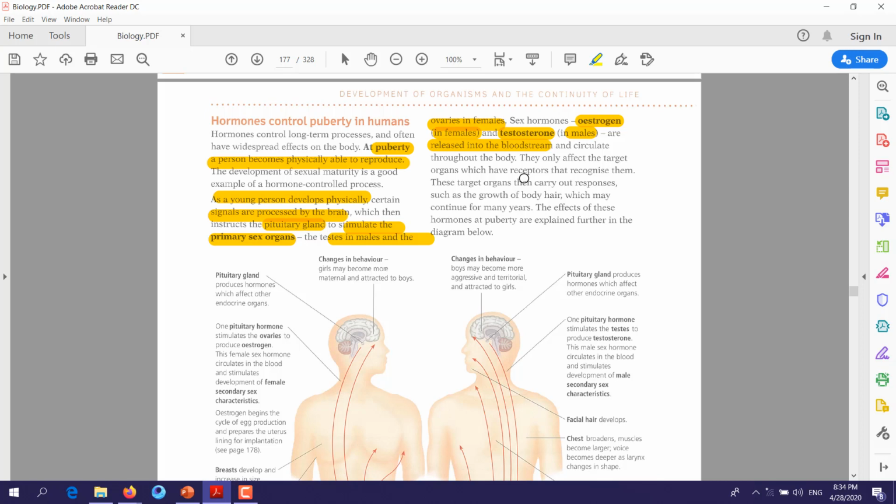But they will be received in a specific part of the body that has specific receptors for this hormone. So they only affect the target organs which have receptors that recognize them.